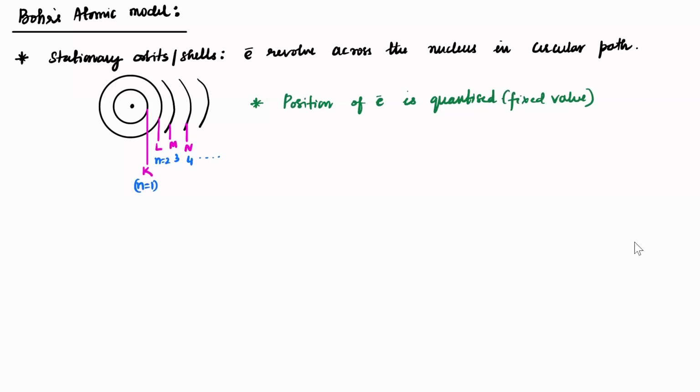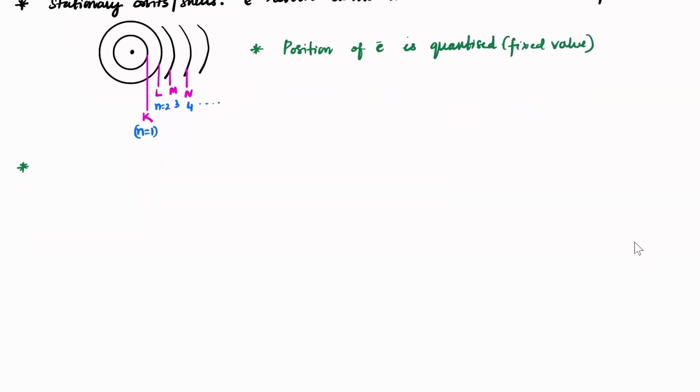And as long as the electron is present around the nucleus, it will always keep its energy constant. So to keep the energy constant in a circular motion, a particle must conserve angular momentum.